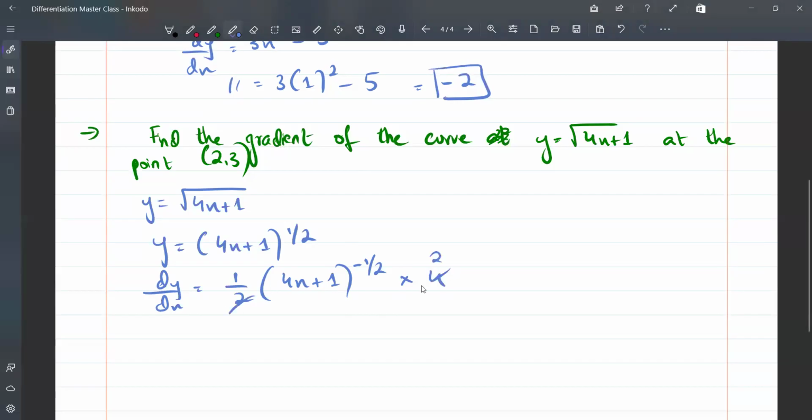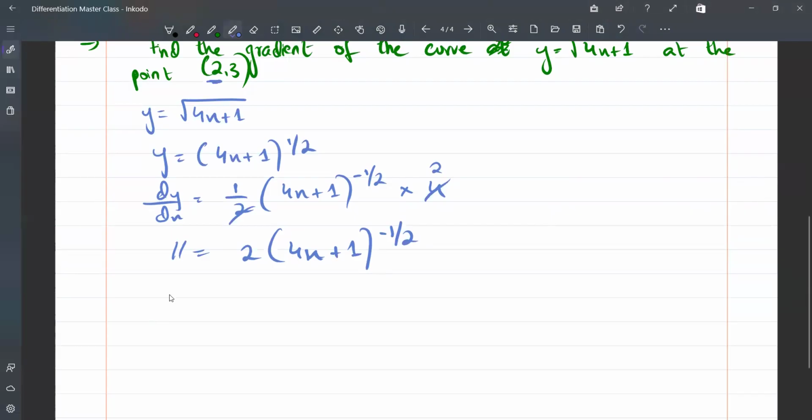This and this cancel out, which leaves us with 2 into 4x plus 1 to the power minus 1 upon 2. All right, now if you insert this x coordinate, you will get the gradient at this point. 2 into 4 times 2 plus 1 to the power minus 1 upon 2.